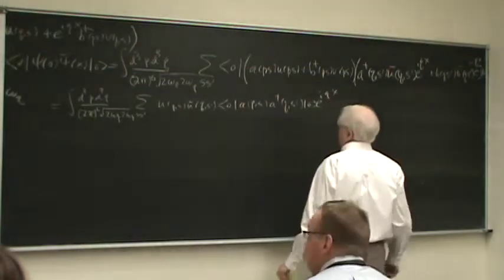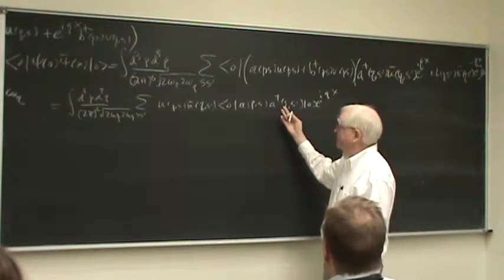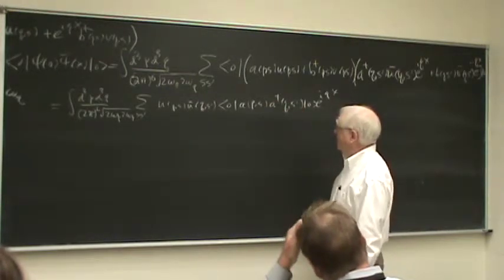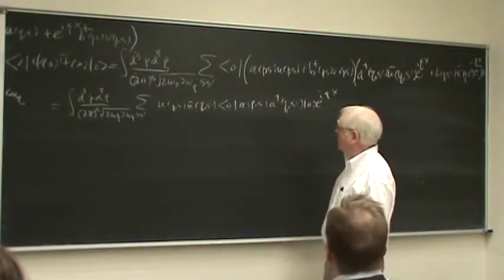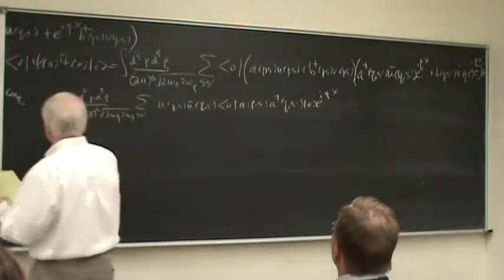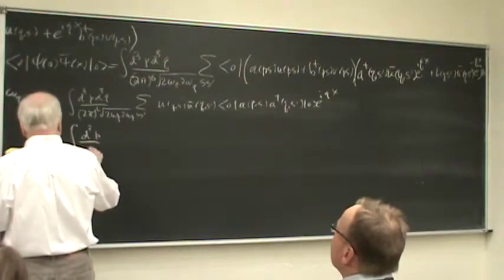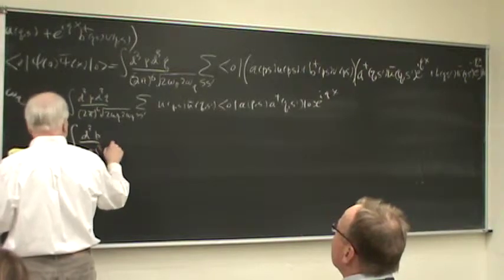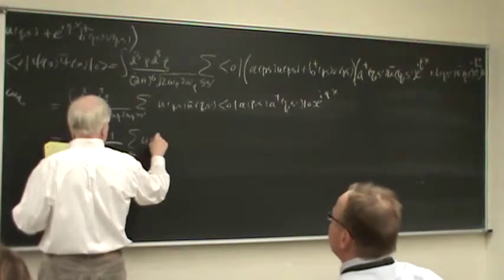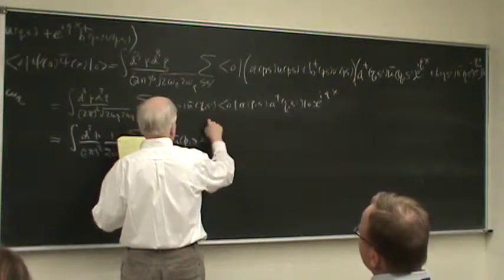And once again, Dirac saves us, because this anti-commutation relation will give us delta cubed of p minus q, delta s s prime, times 2 pi cubed. And so what we get from this is something fairly simple. It's d cubed p over 2 pi cubed, 1 over 2 omega p, sum over s of u of p and s, u bar of p and s, e to the ipx.